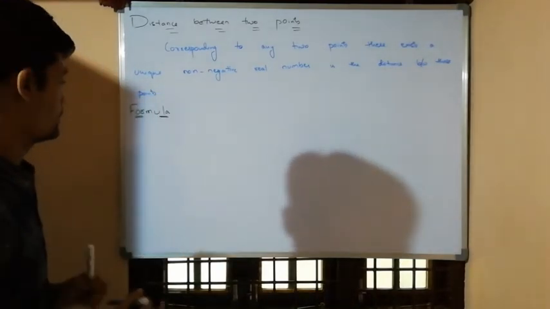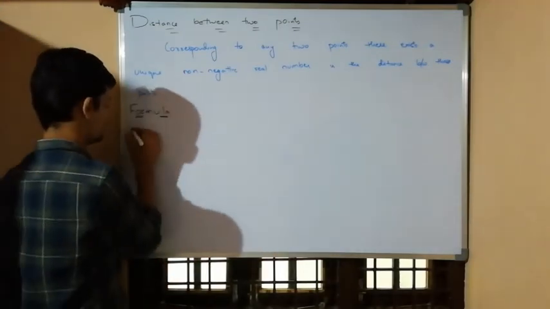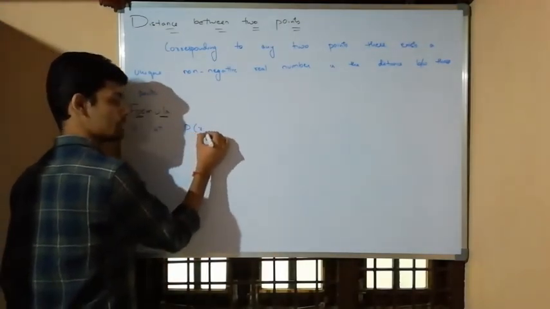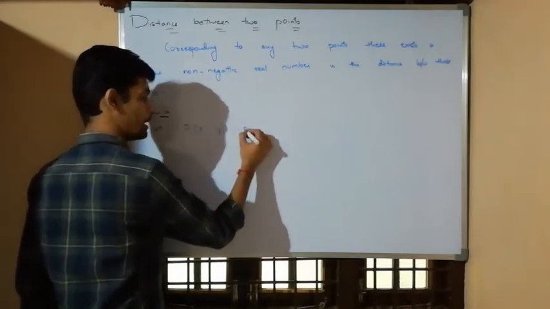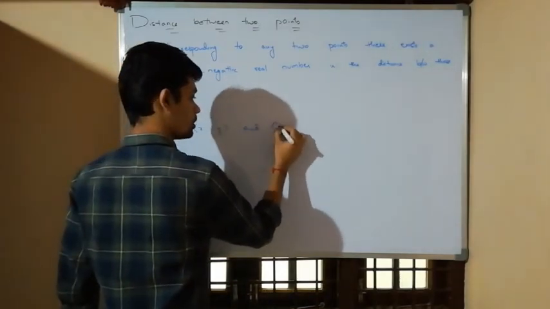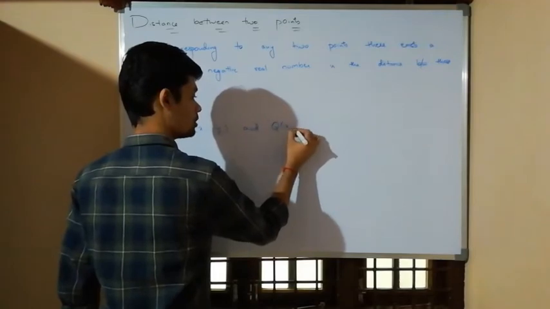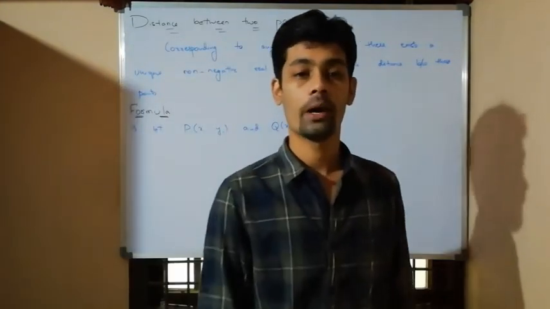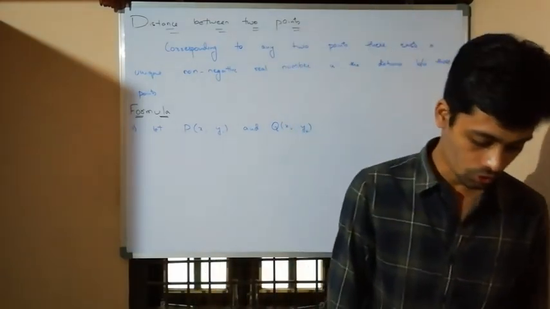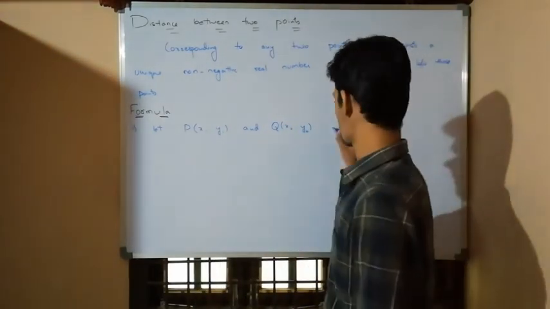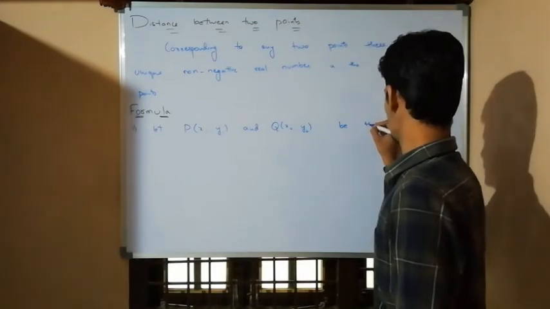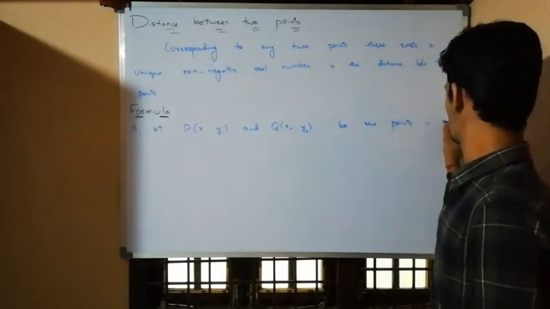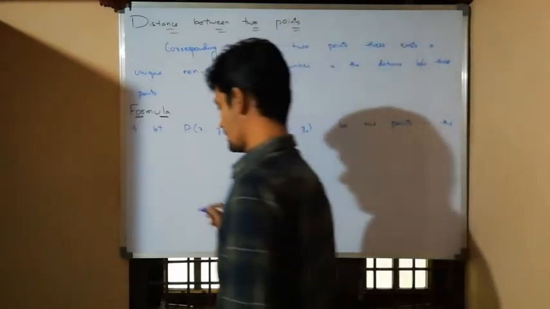Let P of x1 comma y1 and Q of x2 comma y2 be the points in the plane.